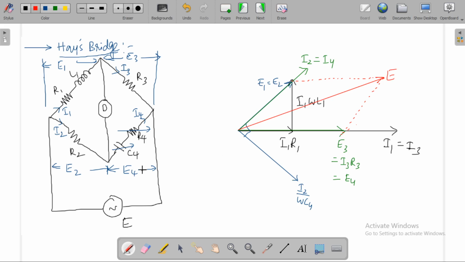Now this E4 is the phasor sum of the voltage across this and the voltage across this, right? How can I draw the voltage across this?